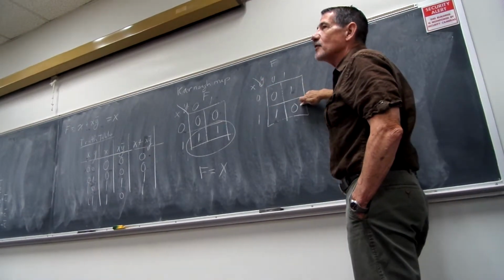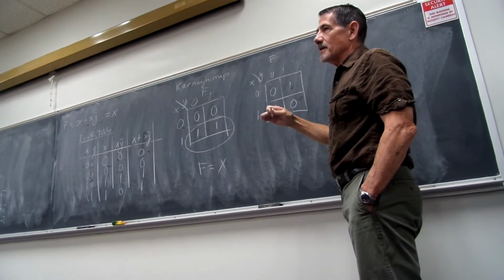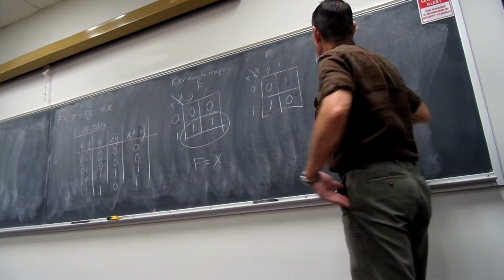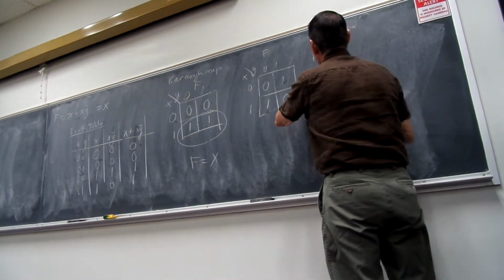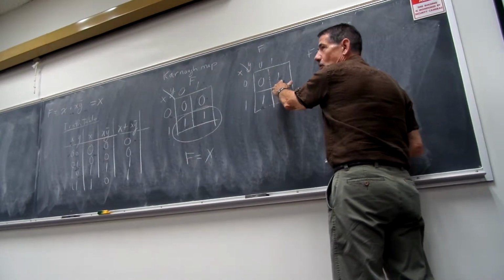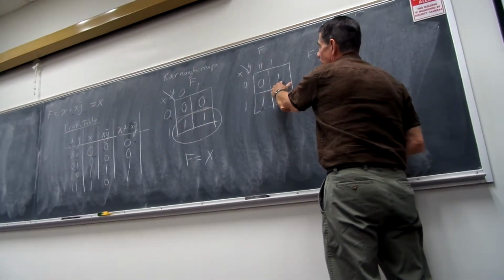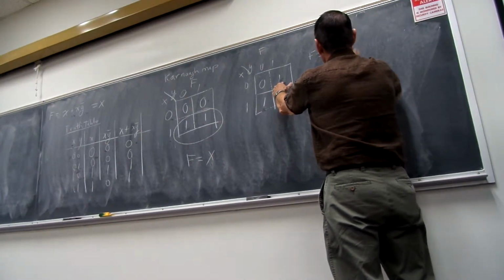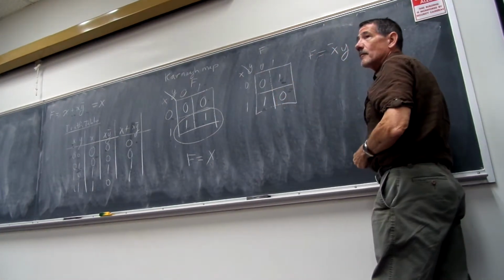This guy here, I could not simplify it down. I cannot group the things. And so my function is, okay, what variables give me this lonesome one here? Not x and y.